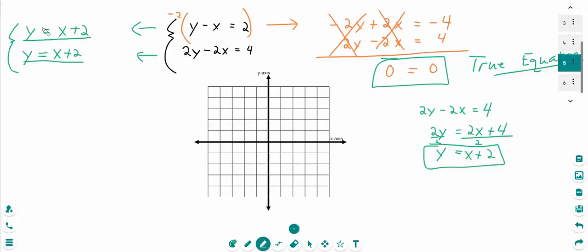If we graph the first equation, y equals x plus 2, we have the y-intercept at a positive 2, and then the slope is 1, so 1 over 1, 1 over 1. This is the graph of the first equation, but it's also going to be the graph of the second equation, so they're exactly the same.